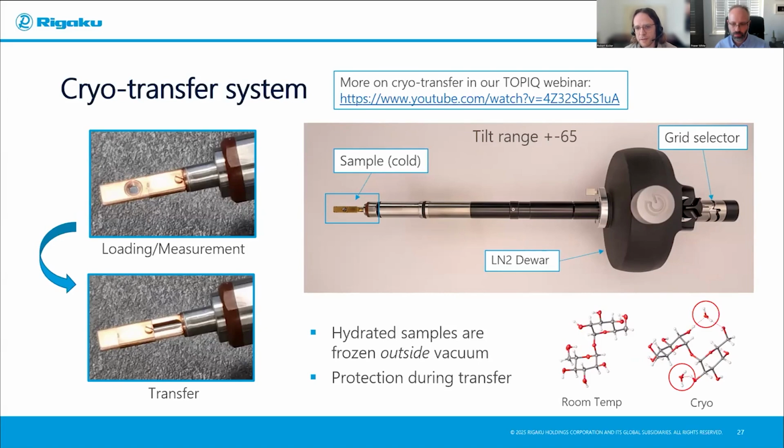But the primary task here is to protect rather vacuum-sensitive samples, not necessarily air-sensitive samples, but we also have specific holders for air-sensitive samples, which work in a similar way, just that for those, you will really have a hermetic seal here.